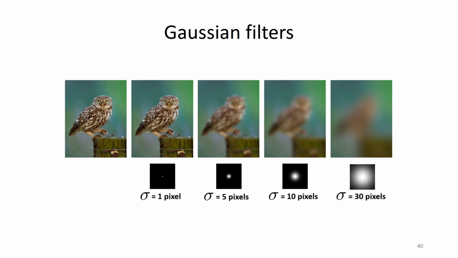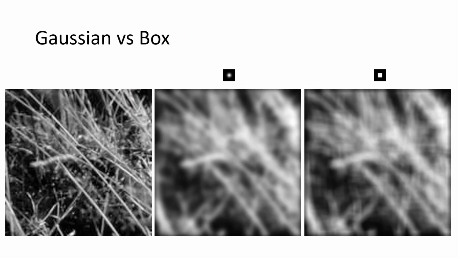And let's compare the Gaussian filter and the box filter. So this is the kernel of a Gaussian filter, and this is the kernel of a box filter. Do you see the difference? So you can see there are some vertical and horizontal patterns in the output image.